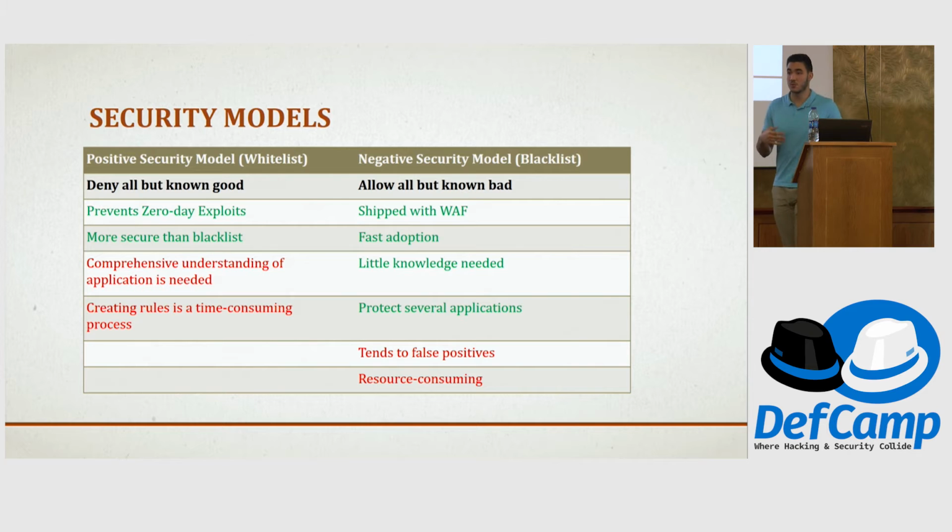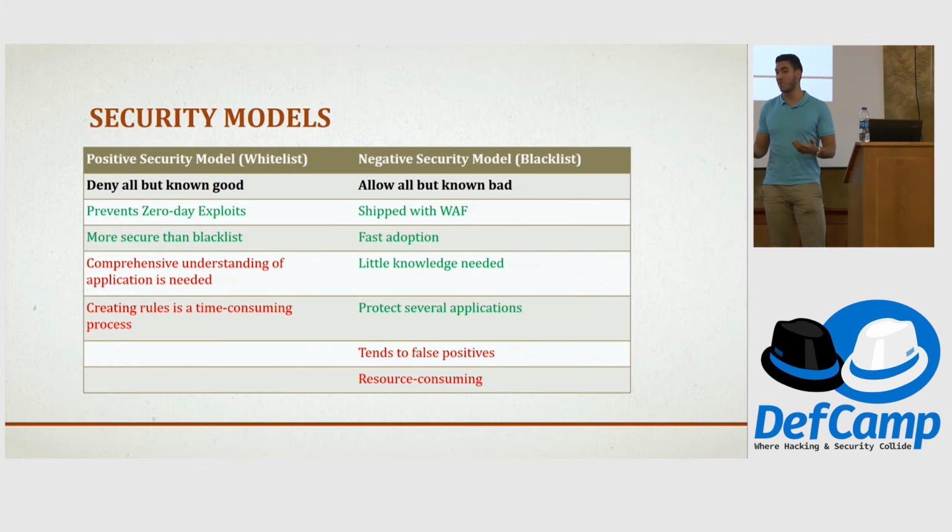So for instance, if you want to use ModSecurity with a CMS like WordPress, you may forget it if you don't disable some of the rules. And another thing, which may not be a big disadvantage, but it is a time-consuming process for the WAF to check every request against a very, very long list of bad inputs.